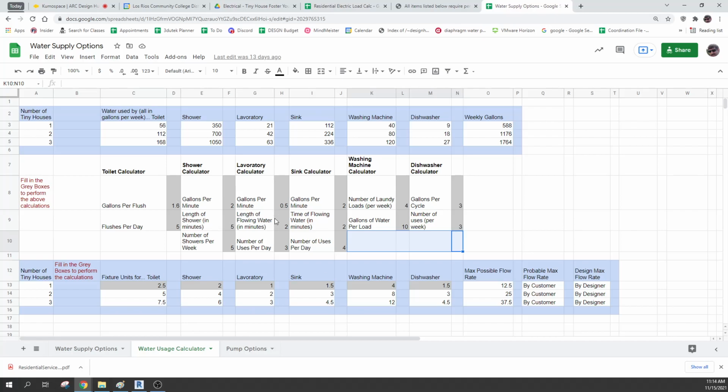Okay, so we'll work with this a little bit more on Wednesday. That will be our focus for Wednesday's lab, the water supply options.